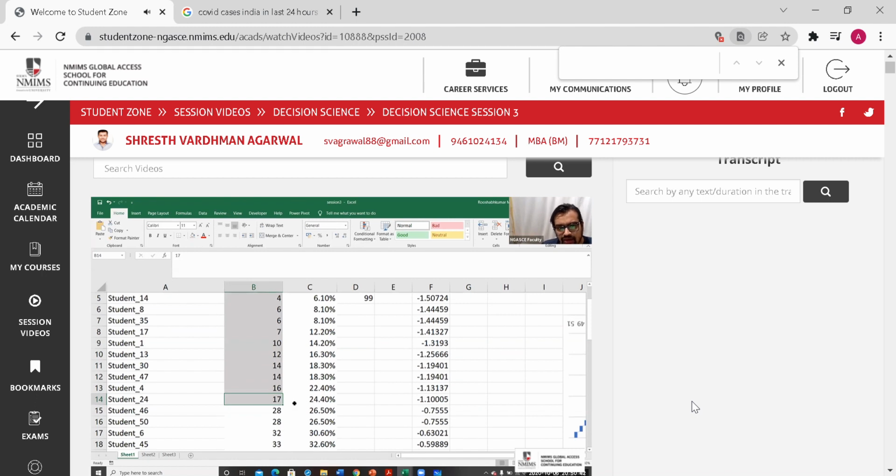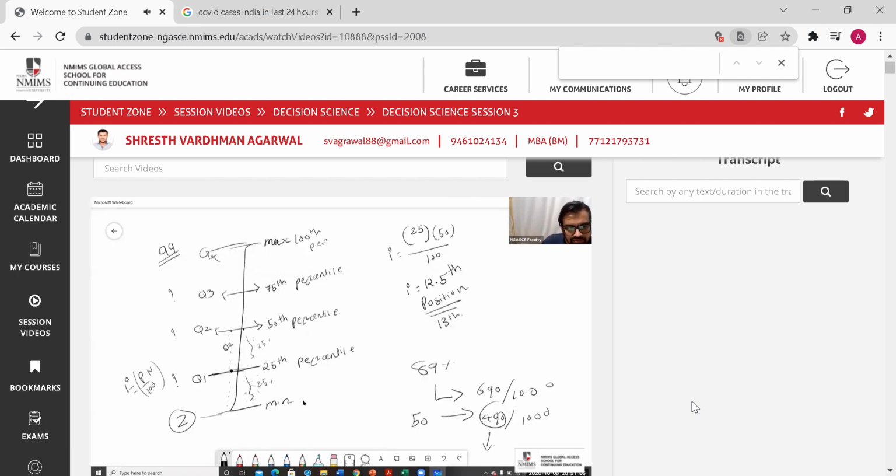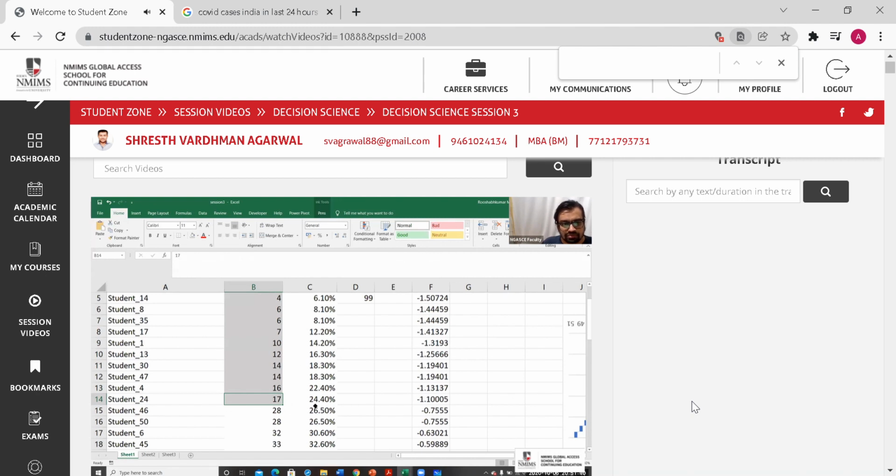So in between these two observations, this can be the range. The exact value of a quartile is many times not possible, but you can at least identify the nearest value. So here it's like 17. And what is the percentile for this?